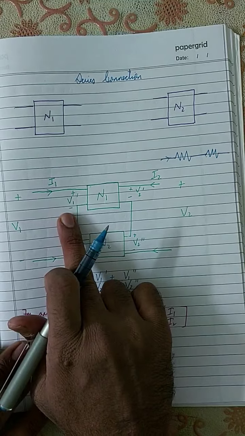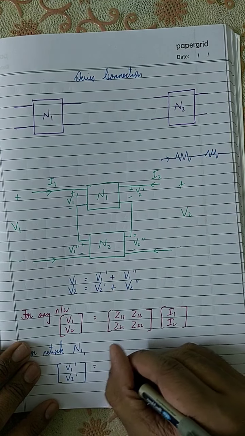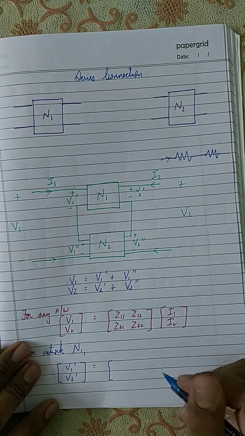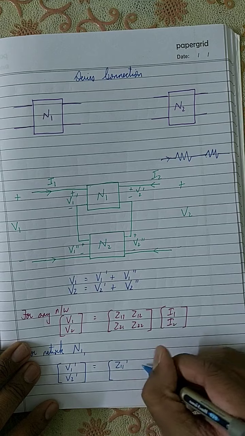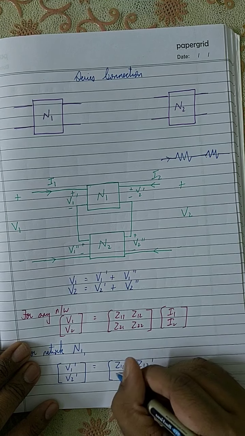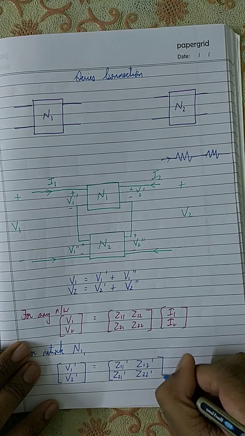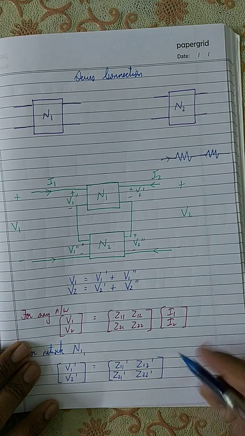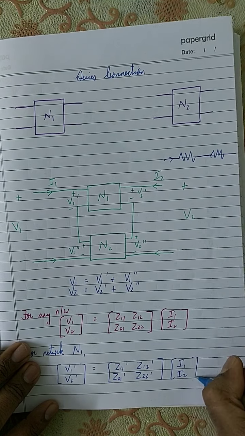V1 dash is the input voltage of N1 and V2 dash is the output voltage of N1, and this is equal to the matrix Z11 dash, Z12 dash, Z21 dash, and Z22 dash, times the currents, which are the same, I1, I2.